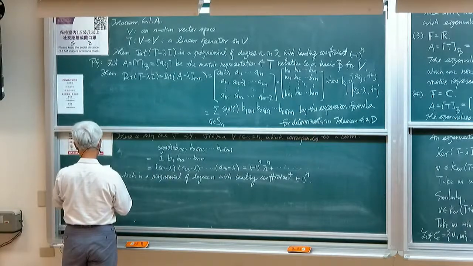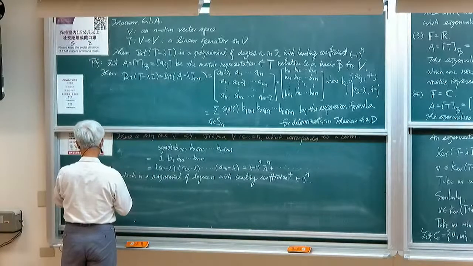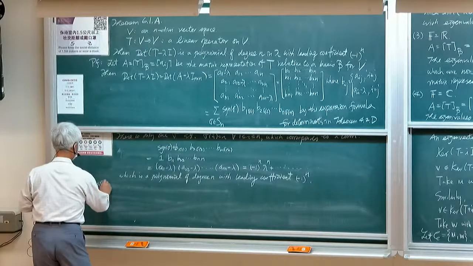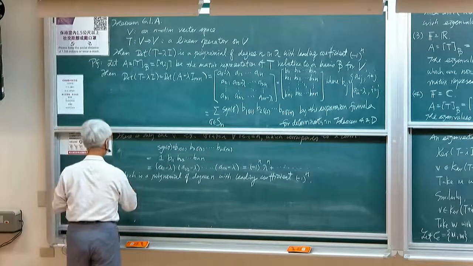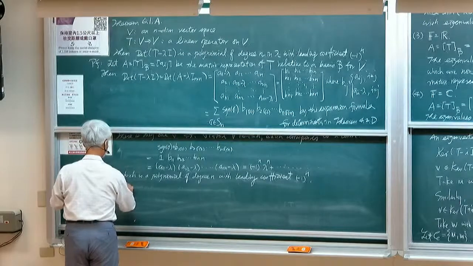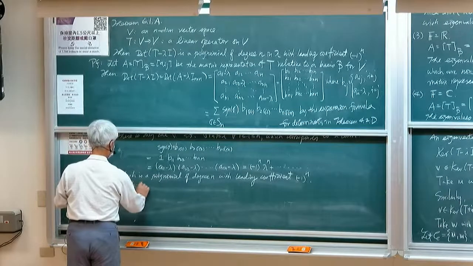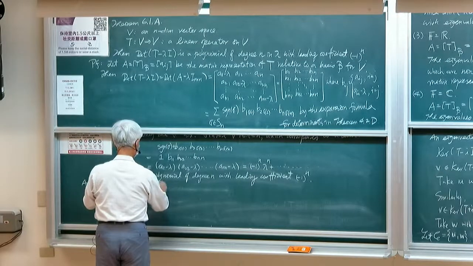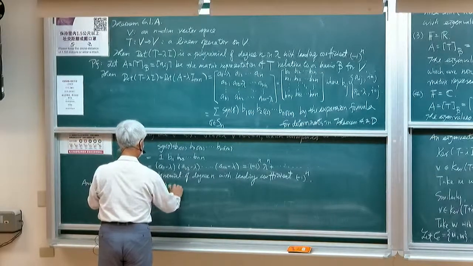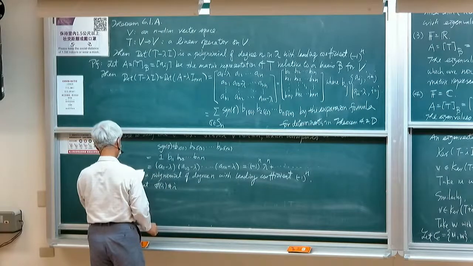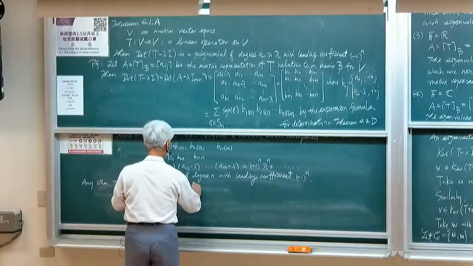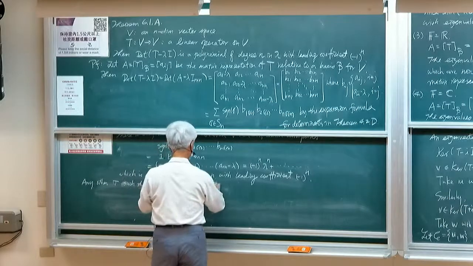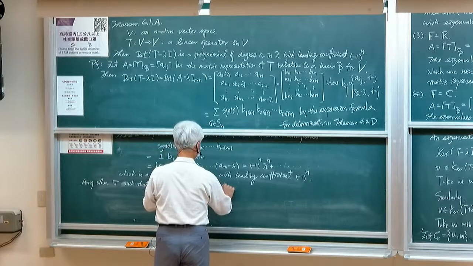Now any other term, sigma, such that sigma(i) is not equal to i for some i between 1 and n.